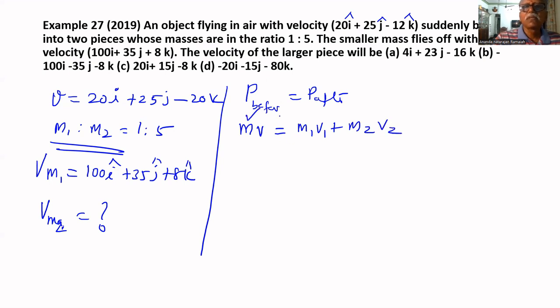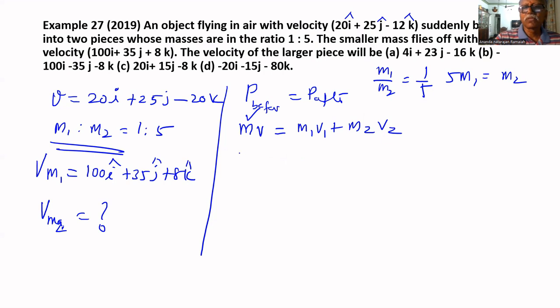M is not given, but the ratio M1 to M2 is given as 1 to 5. Therefore M1 divided by M2 equals 1 by 5, or 5 M1 equals M2.